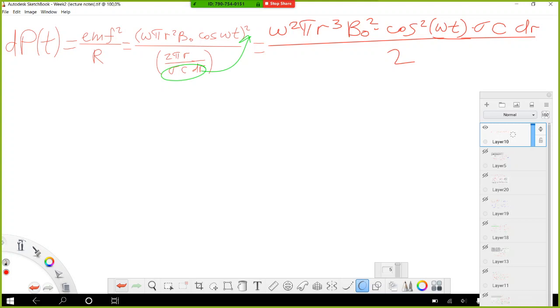Yep, omega squared p r to the third power sigma c cosine squared omega t dr over 2.